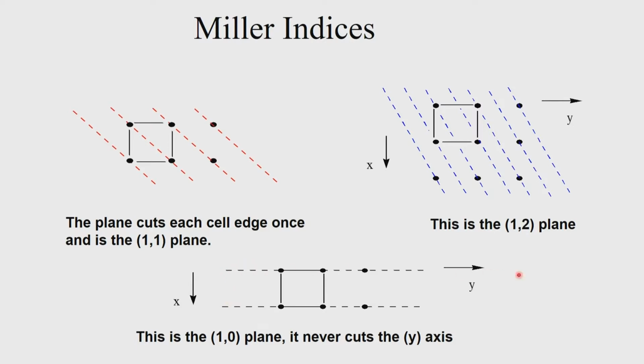So, y is the direction of the unit cell, and the planes are parallel to that, in the sense that the family of 1 0 planes, 1 0, 2 0, 3 0, 4 0, 5 0, whatever be the number, all of them will be parallel to the y axis. In this case, all of them will be 1 2 planes, the entire family of 1 2 planes. That means 2 4 and 3 6, all these will also belong to this family of planes. So, the family of planes are therefore represented in brackets.